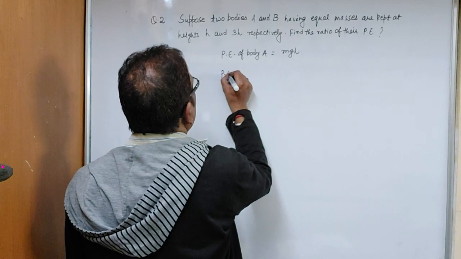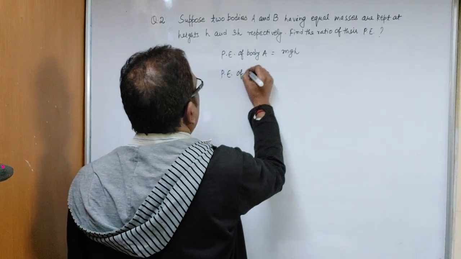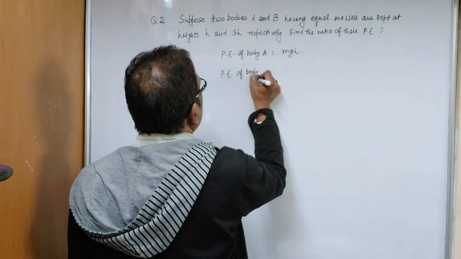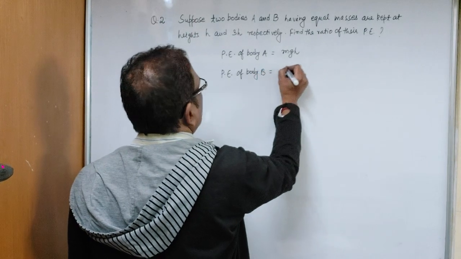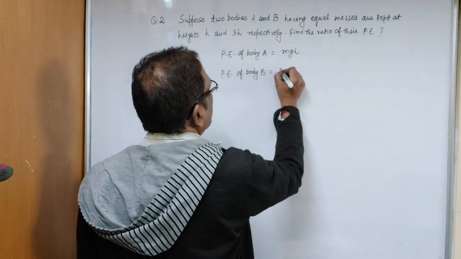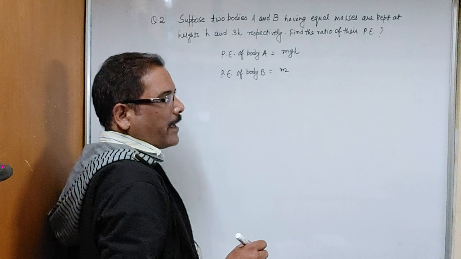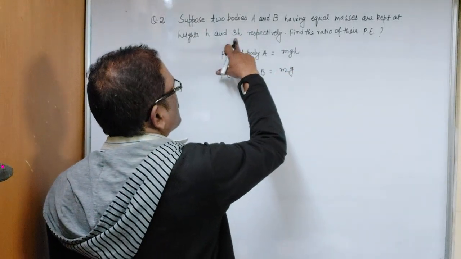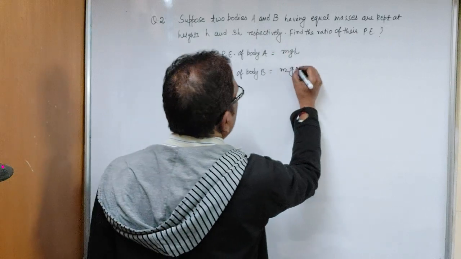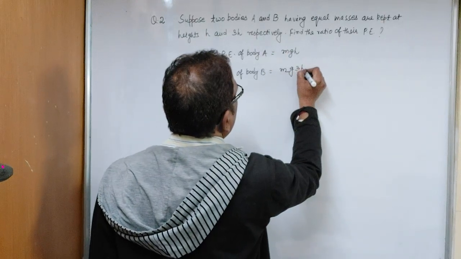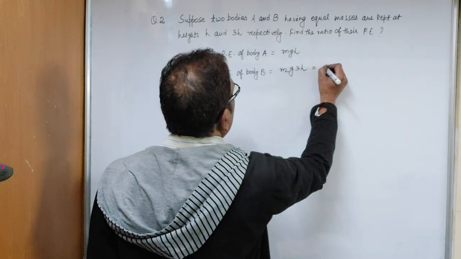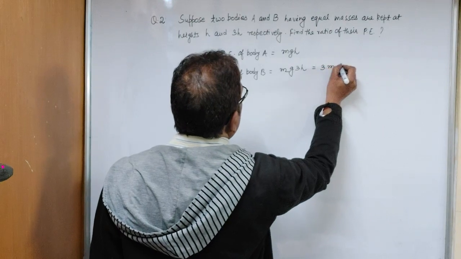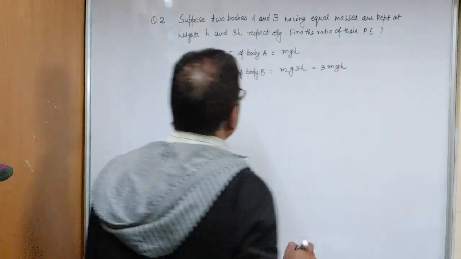Similarly, potential energy of body B, equal masses, it is given in the question, so we will write again m into g, but this is at a height 3h, so in place of h we will write 3h, so this can be written as 3mgh.